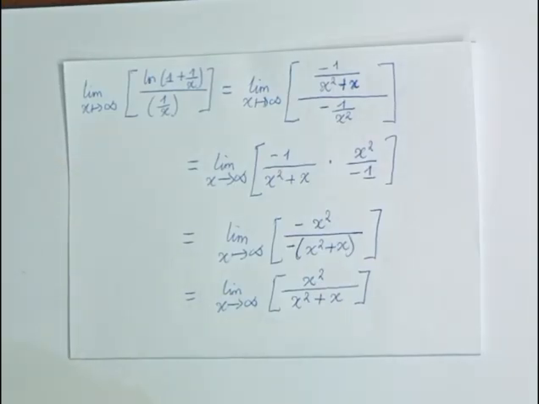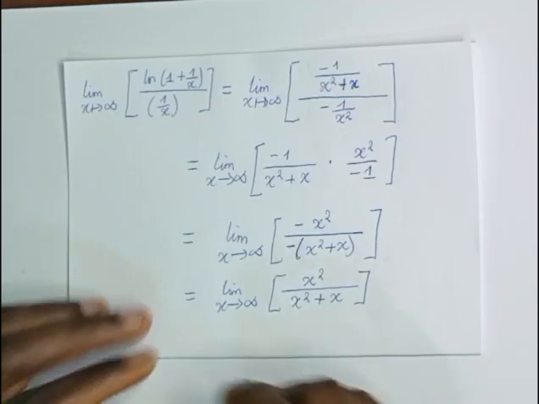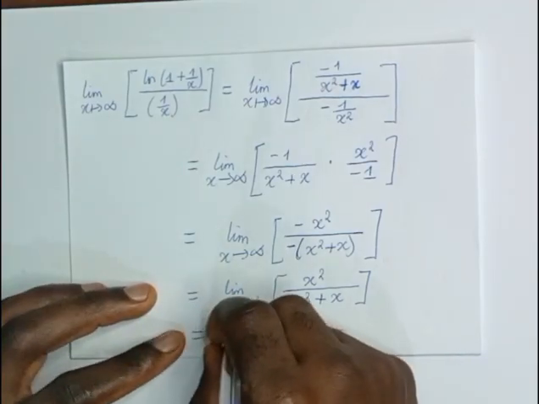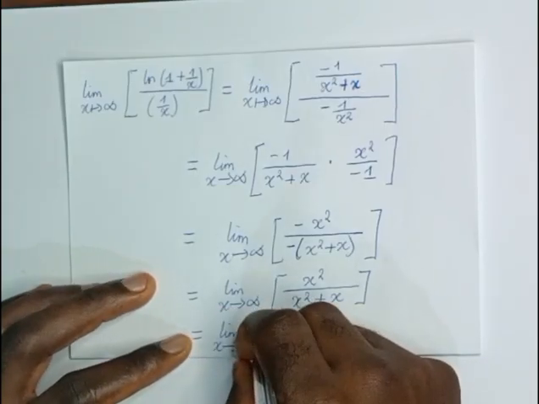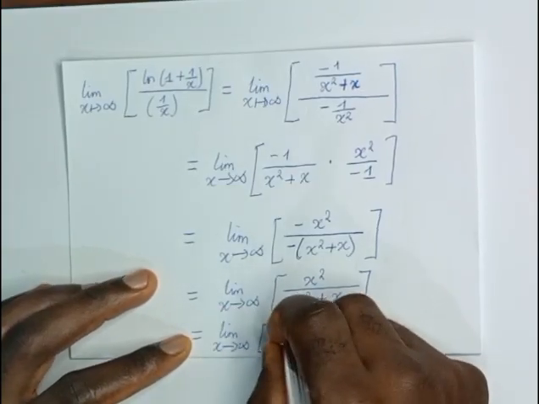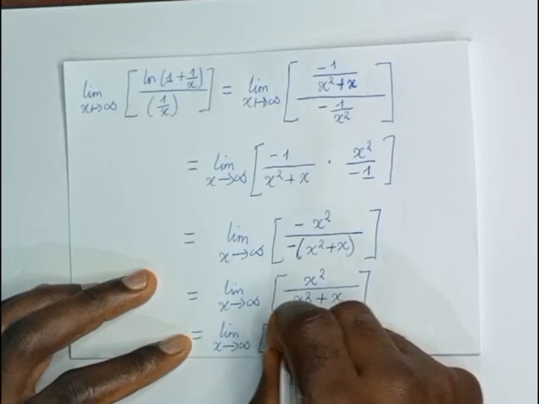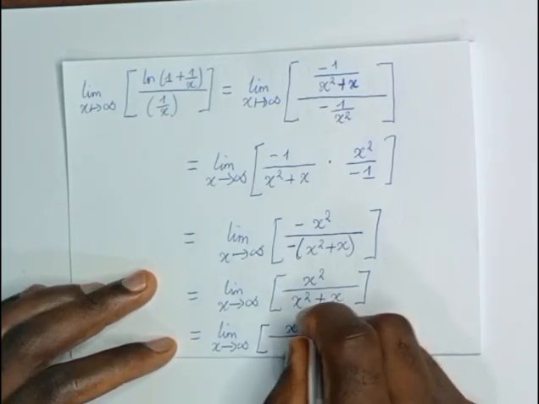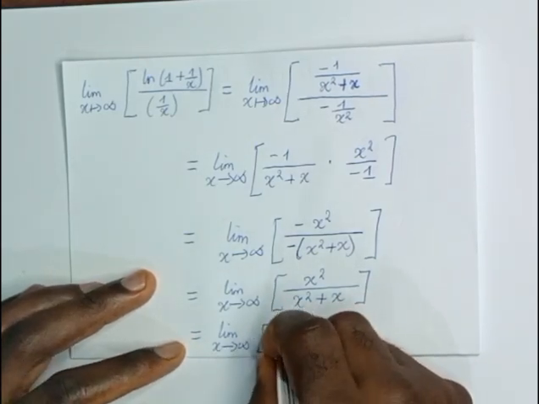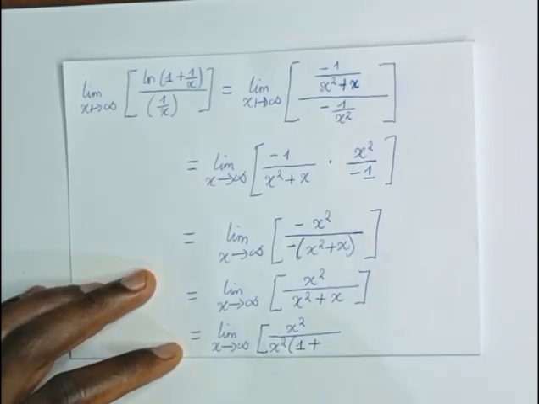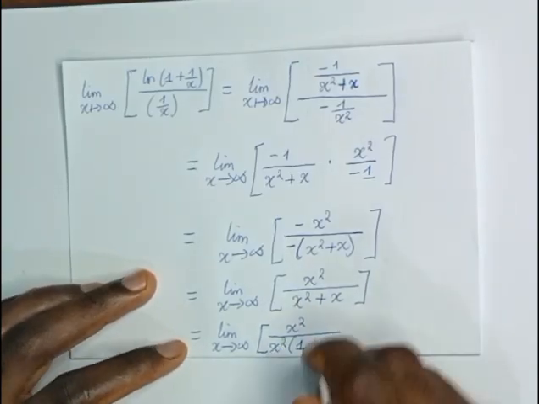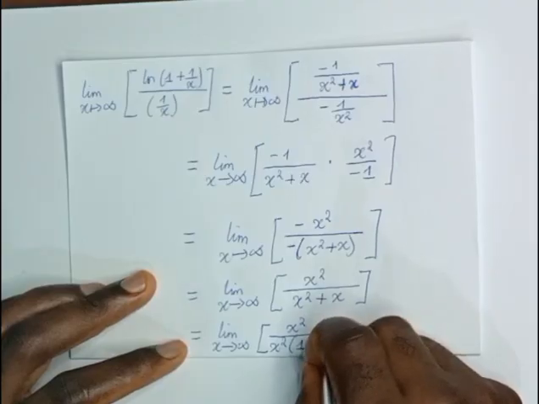By making use of the techniques of finding limits, at the denominator we are going to factor out x squared. This will give us the limit as x tends to infinity of x squared all over, factoring x squared in the denominator, gives us x squared times 1 plus 1 over x.